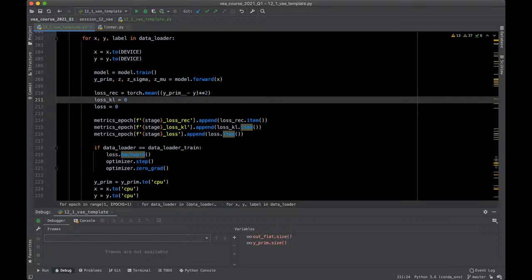There should be a mu squared, that is correct, plus sigma squared, that is correct. If I add the minus sign in the front, then there will be plus mu squared minus sigma squared minus logarithm of sigma.